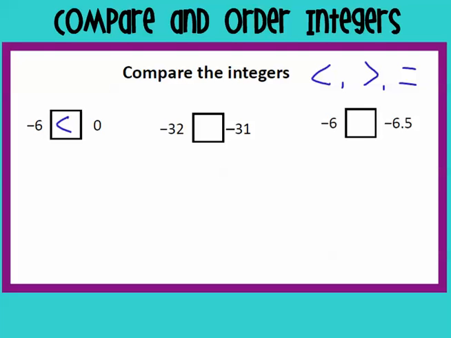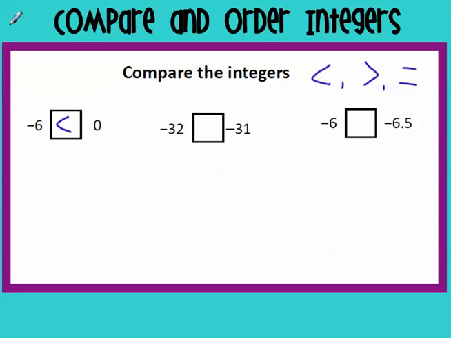In our second example, we're comparing -32 to -31. Now if you think about the number line and which number is closer to 0, the absolute value, or the distance from 0 to -31, is less than, it's shorter than, the distance from 0 to -32. But we have to go from left to right on the number line.